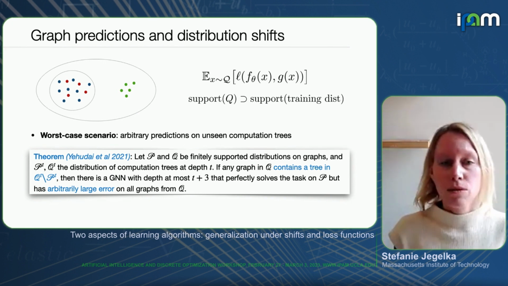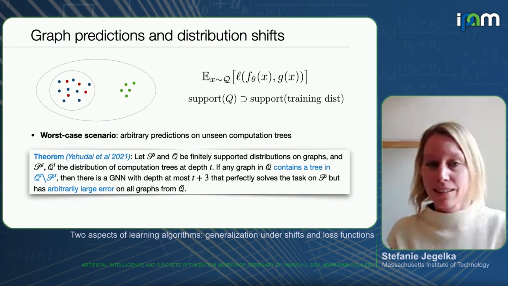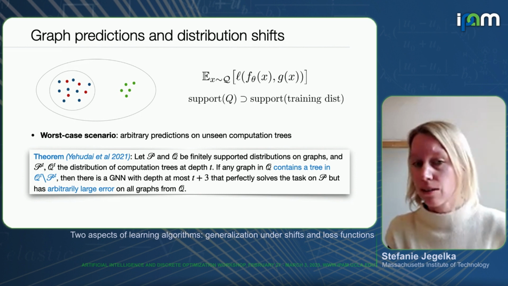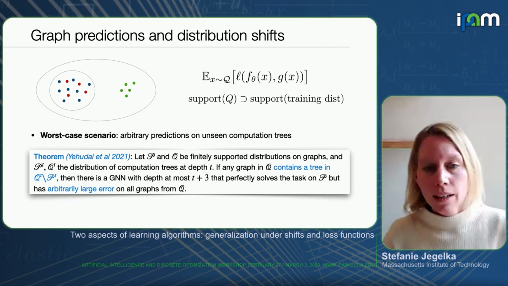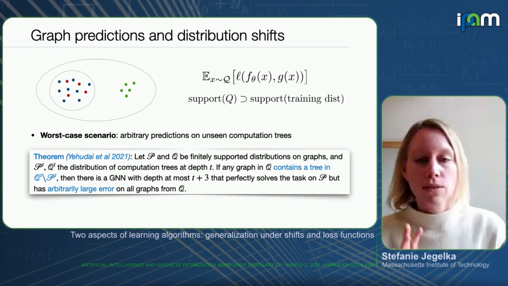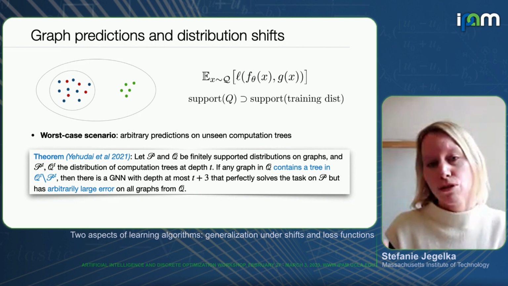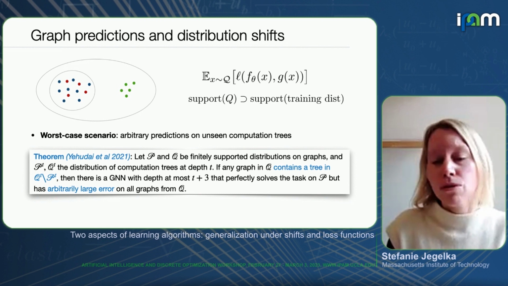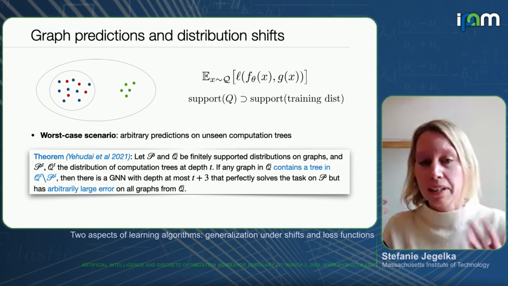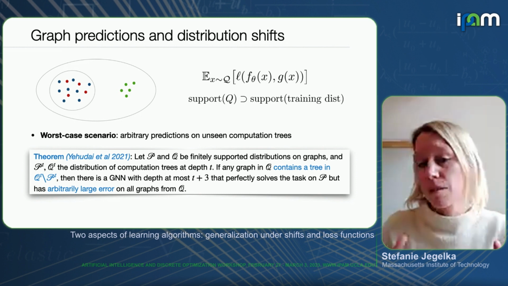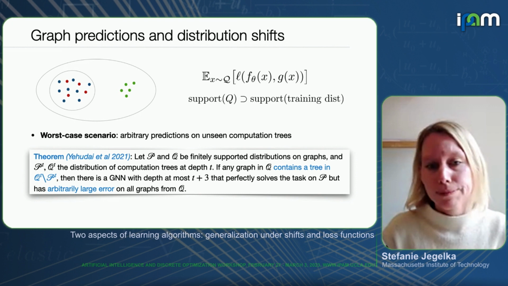So this is very bleak, in the sense that the structure could change a bit and the graph neural network would totally fail. That's the worst case scenario. The way the proof works is that you're showing that you're making a prediction for each tree. And now you have a new tree that you haven't seen before. So in principle, if your network is rich enough, you could predict something arbitrary on that tree.